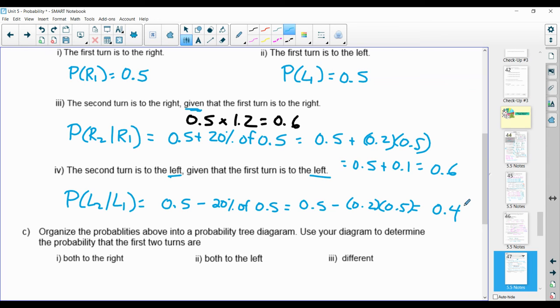Now again, another way to look at that is to go 0.5 times 0.8. Because if we're reducing by 20%, that means it's now 80% of the original. So 0.5 times 0.8 will also give me 0.4. So whether you use the blue method or the black method, you should still get to the same answer. It's just like if we think about GST.